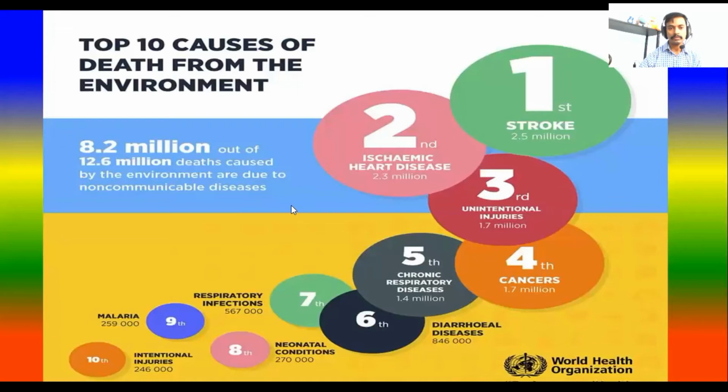Look at this, the top 10 causes of death from the environment. First, stroke. Second, ischemic heart diseases, which we already learned. Third, unintentional injuries. Fourth, cancers. Fifth, chronic respiratory diseases.